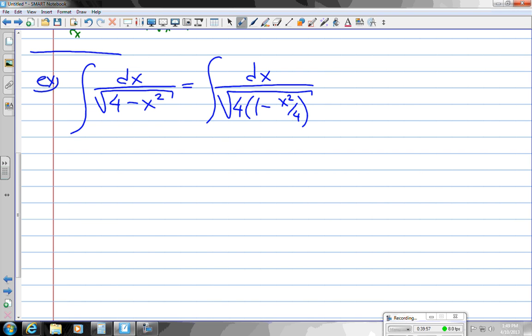So see what I'm doing? I'm trying to fake that 1. I can take the square root of 4, and it will come out as a 2. That's a 2 in the denominator, so I can pull it out as a big 1/2. So that's what happened to that 4. It came out as 1/2 on the outside.